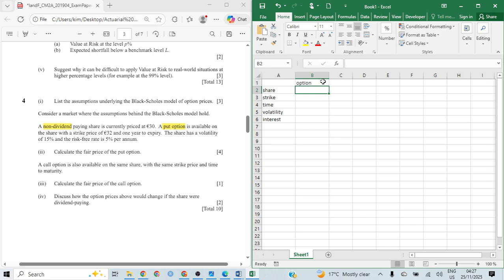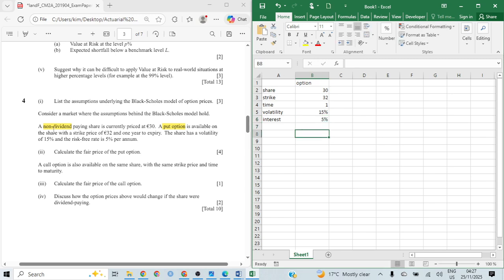We've been told that the non-dividend paying share is currently priced at 30. A put option is available on the share with a strike price of 32 and 1 year to expiry, so time is 1 year. The share has a volatility of 15%, and the risk-free rate of interest is 5% per annum.